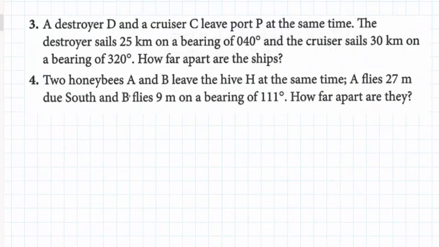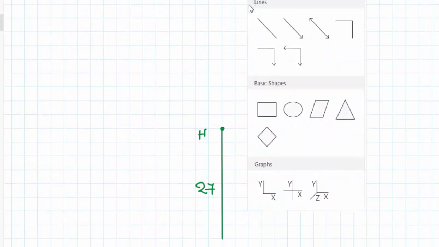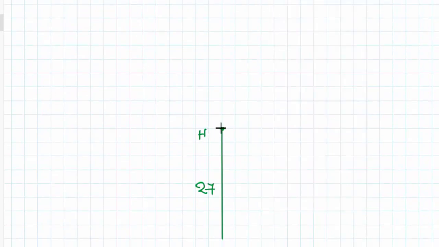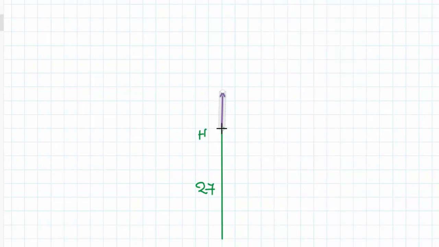The other one flies 9 meters on a bearing of 111 degrees. So we need to mark some bearings. It means we need the north of point H and an angle clockwise 111 degrees. So 111 degrees is nearly, this is 90 degrees.